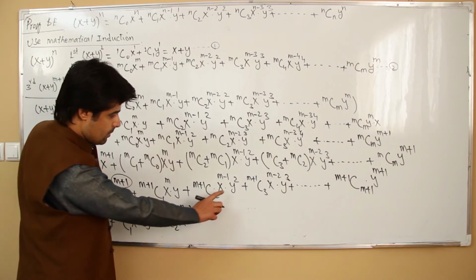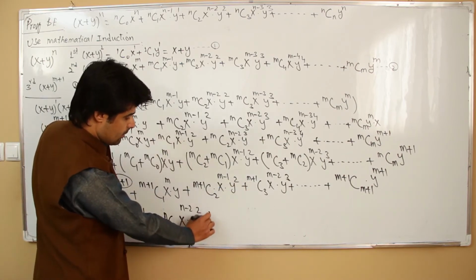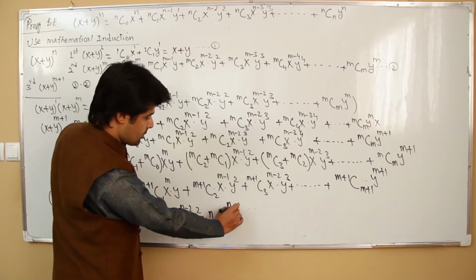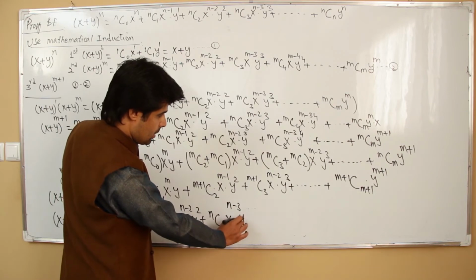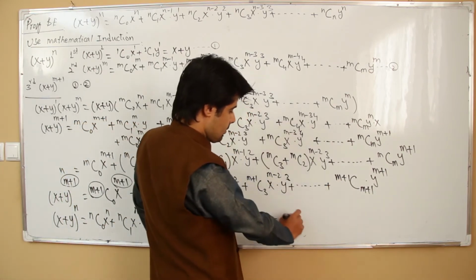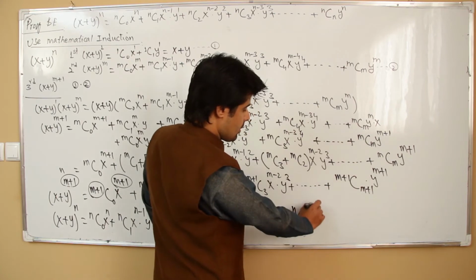Then you have y squared, plus n c3 x to the power n minus 3 y raised to the power 3, up to cn y to the power n.